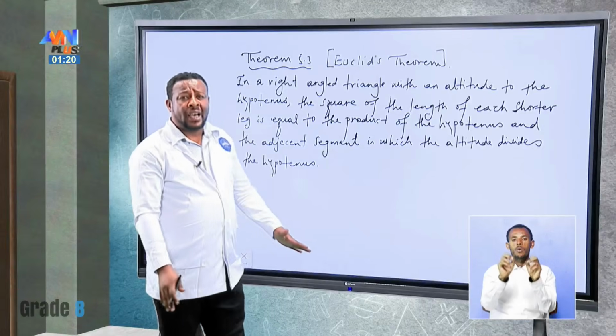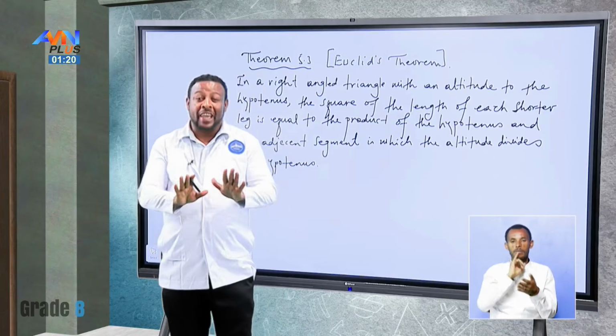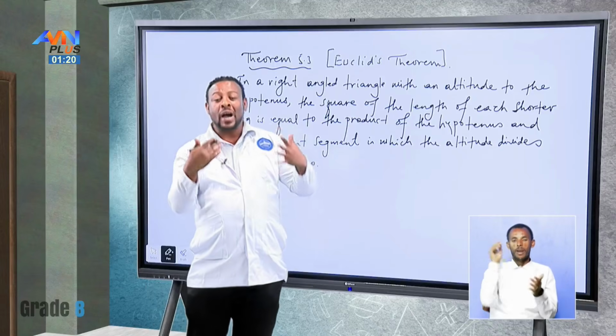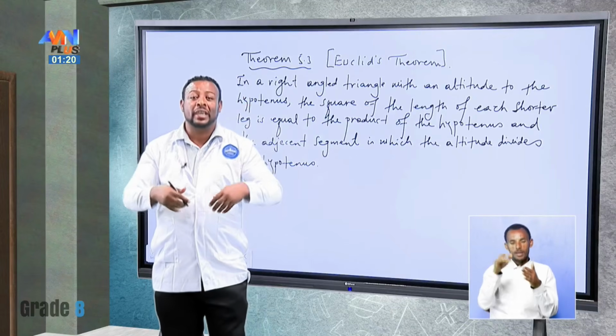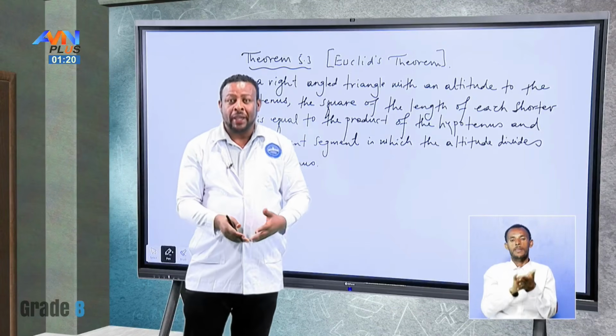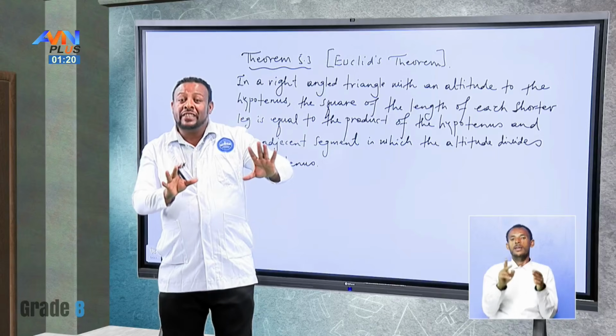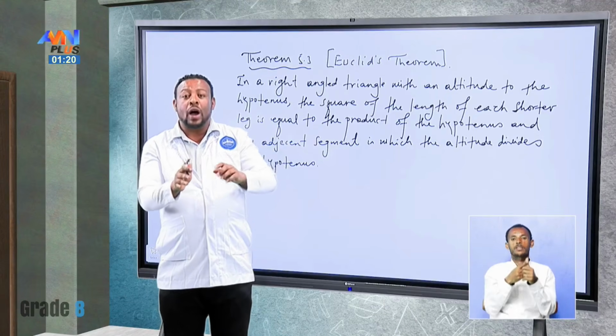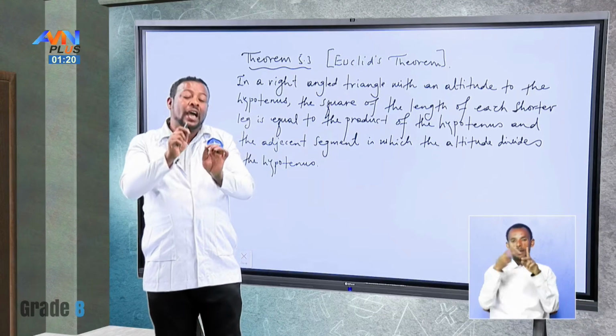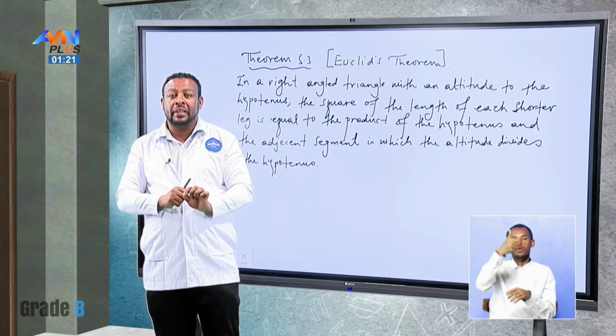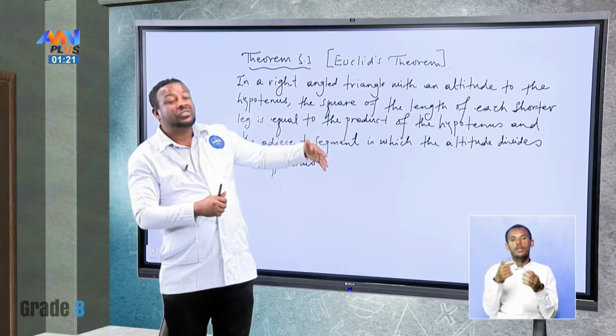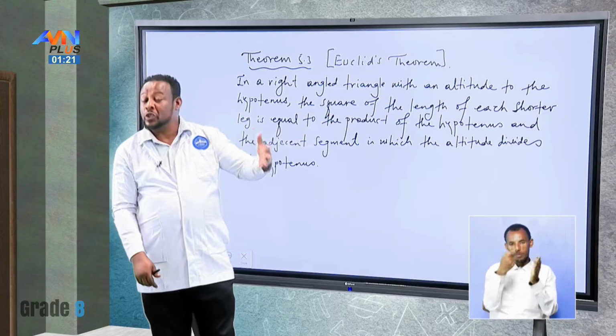This theorem is a little bit lengthy. I will repeat what this Euclid theorem is stating. First of all, we need to have a right-angled triangle with an altitude to the hypotenuse, right? I will tell you what the geometric interpretation of this theorem looks like.